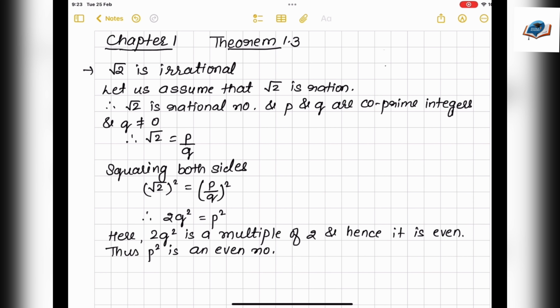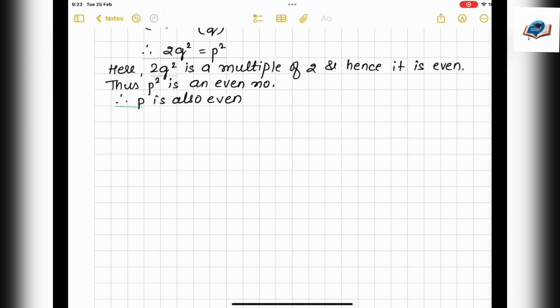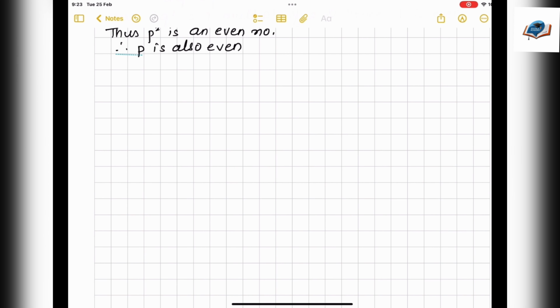Therefore, P is also even. So, we can assume that P equal to 2x, where x is an integer.